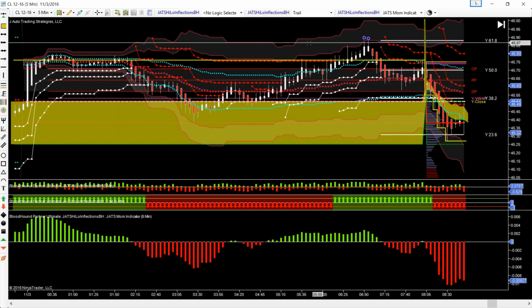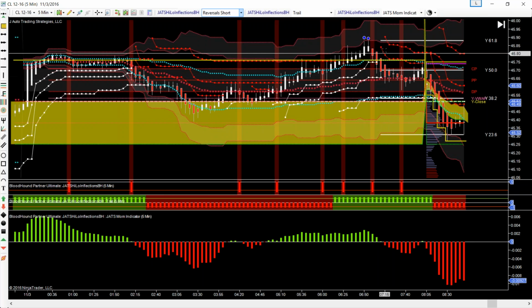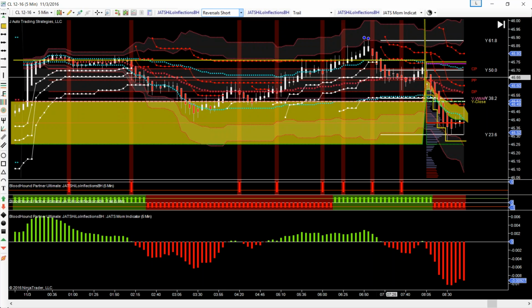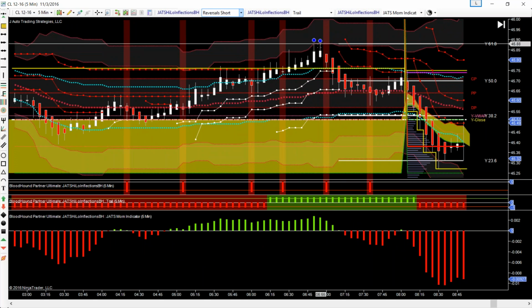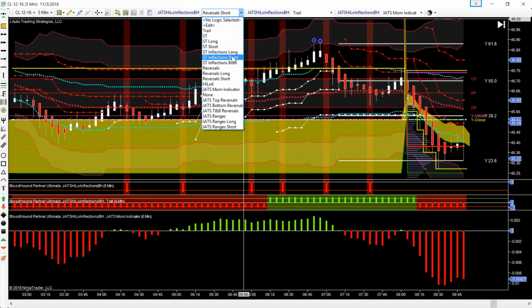And when you're looking for reversal shorts, when you can get a touch on a VWAP level and it turns, that's a good indication to take that inflection versus this inflection.